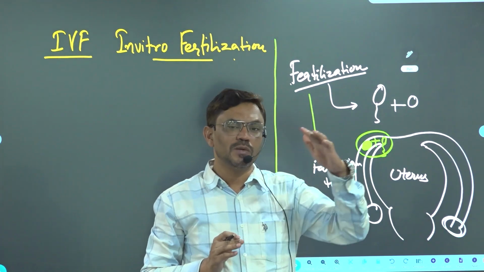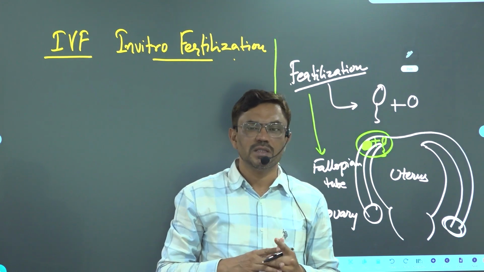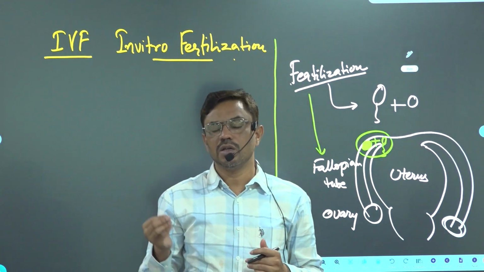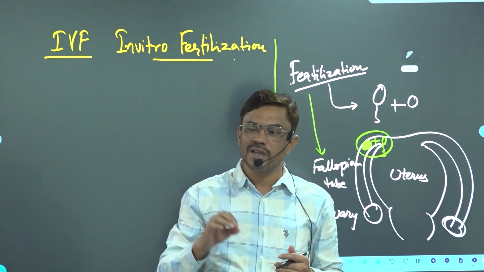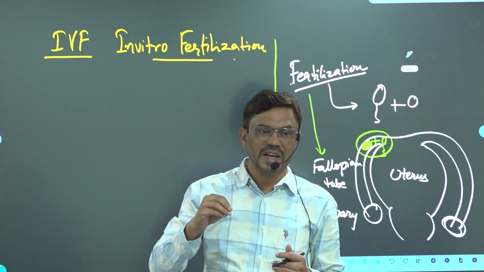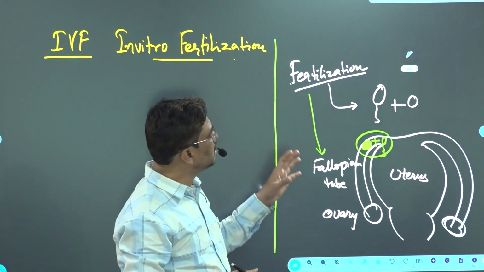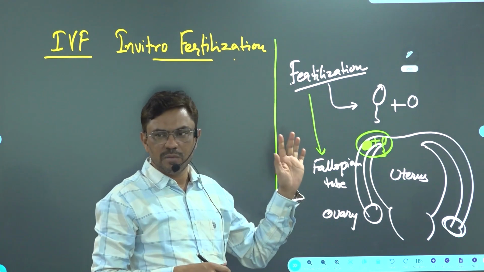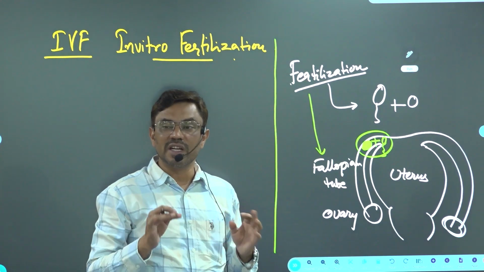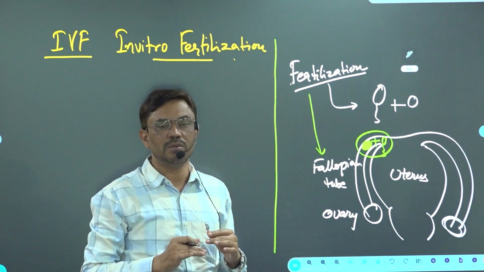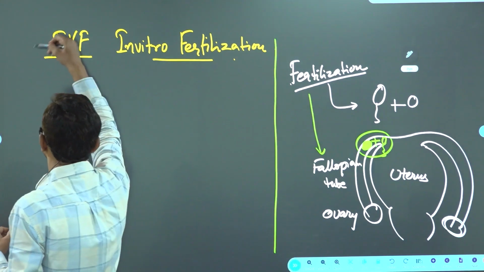In females, due to hormonal imbalance or PCOD problems, polycystic ovarian disorders, the menstrual cycle becomes irregular, so the ovum will not be released on time. In this condition, conceiving will be delayed. In order to overcome these infertility problems, we follow this IVF technology.